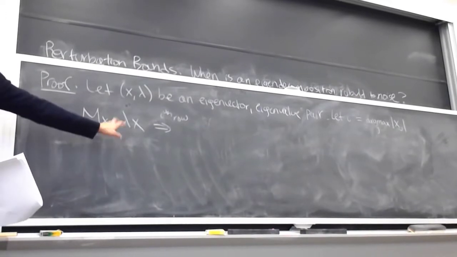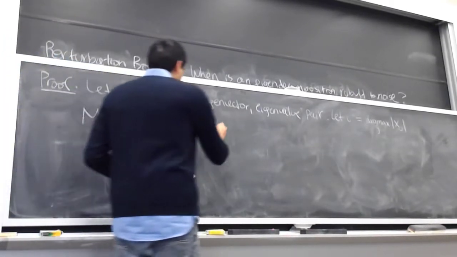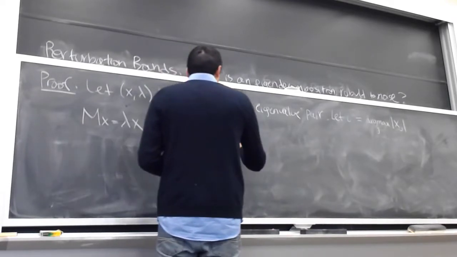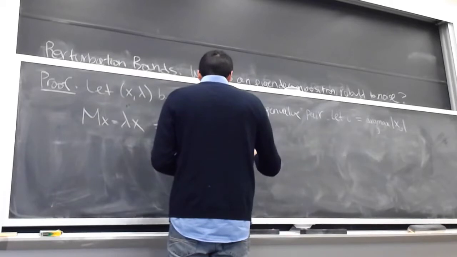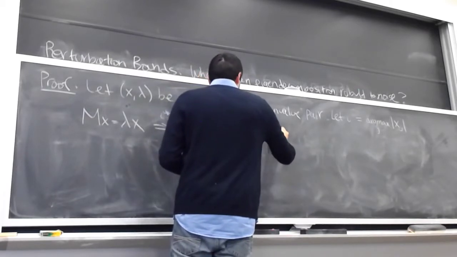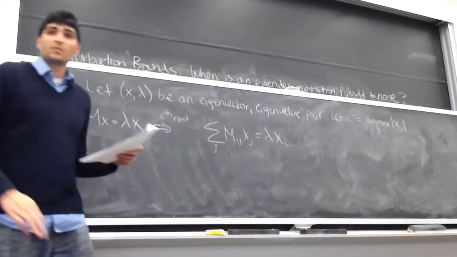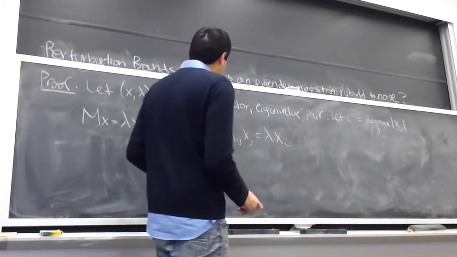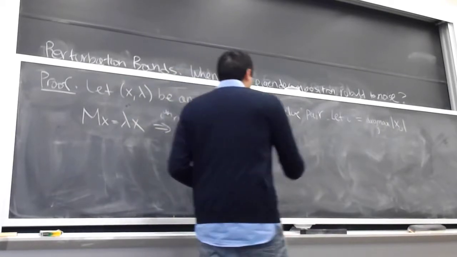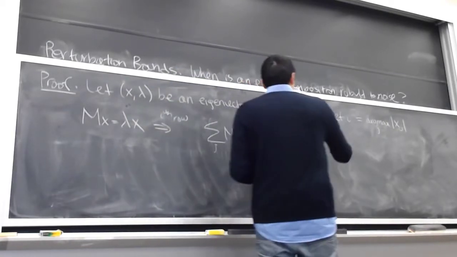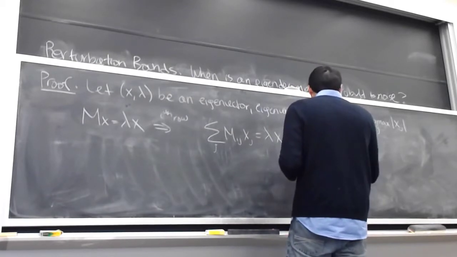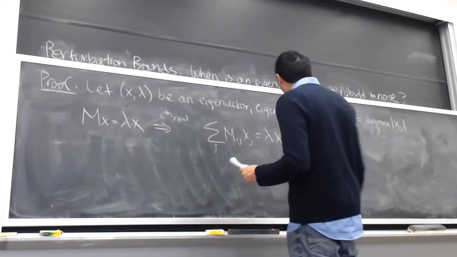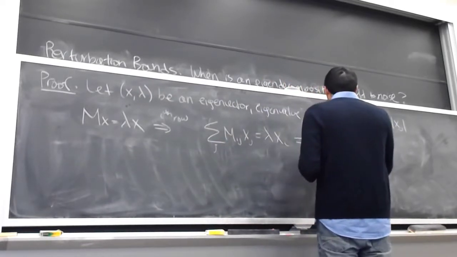Just by looking at the ith row, we get that the sum over j of mij xj is equal to lambda times xi. Just pulling out the ith row, nothing complicated. And now I'm going to pull out the ith entry, because that's the center of the disk that we care about. So I'm going to take all the other things and keep them over here.